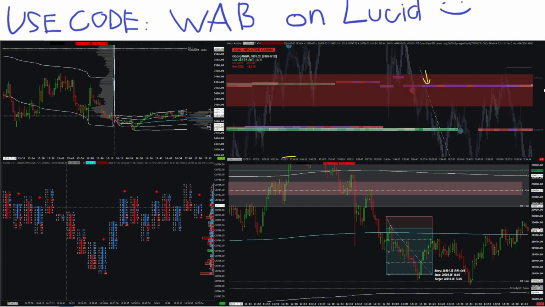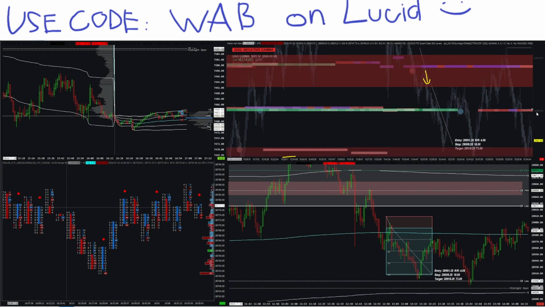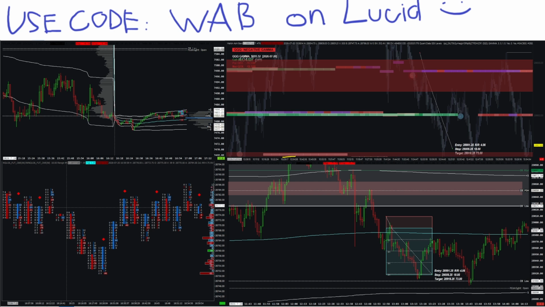Another reason I was so confident to hold this trade without scaling any out when I was up 50 points, 40 points, is because I had another confidence right here: a GEX level, sellers defending, red area, red zone, red rectangles.